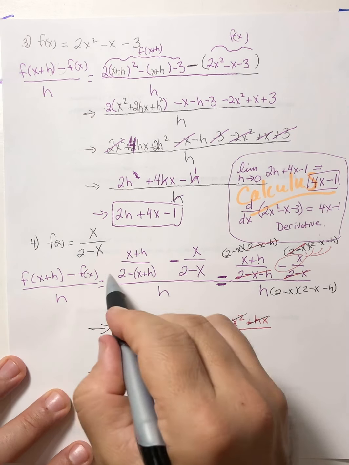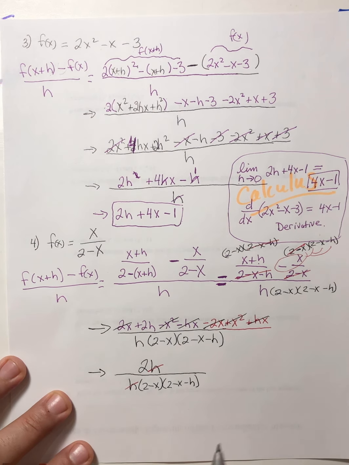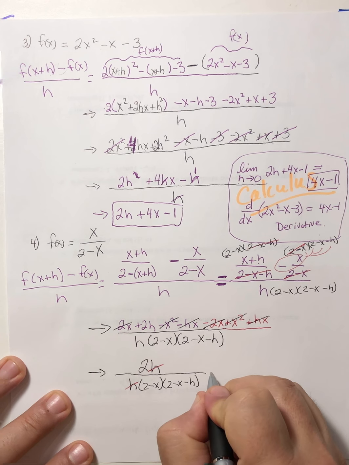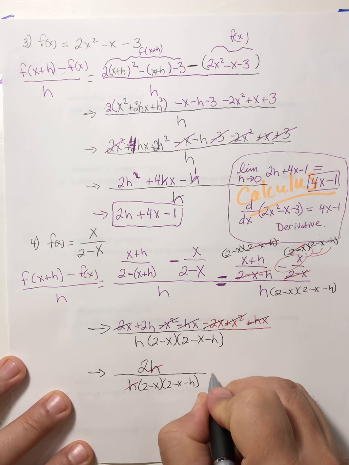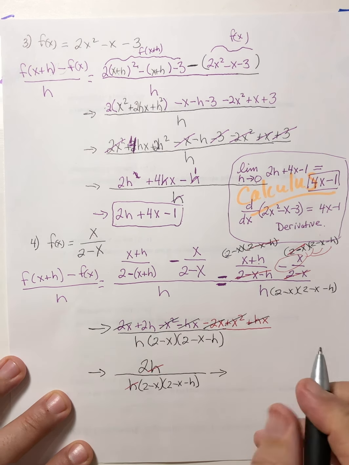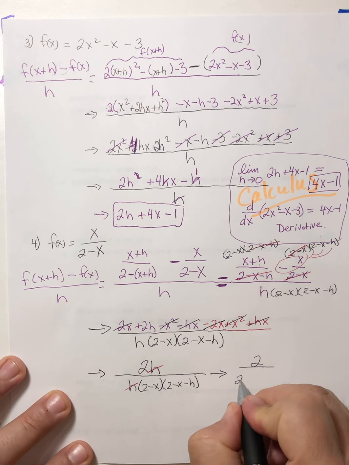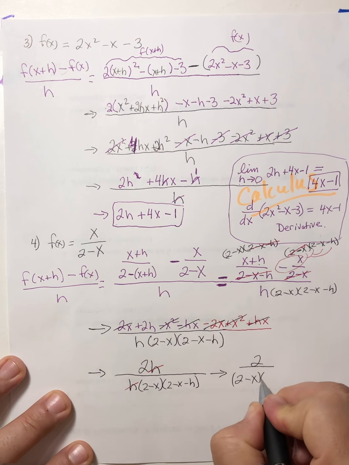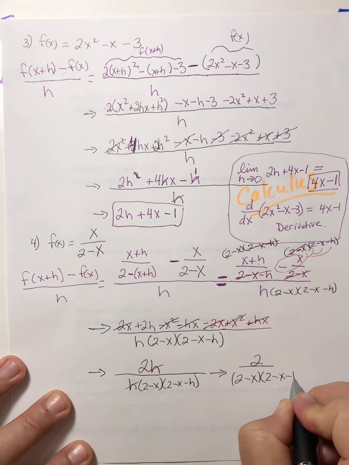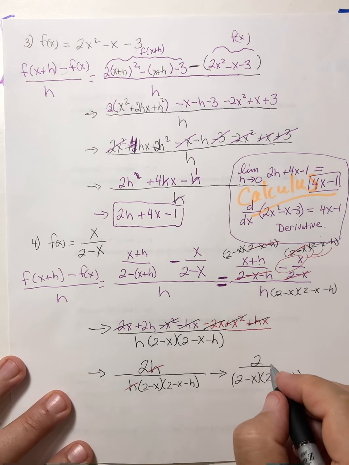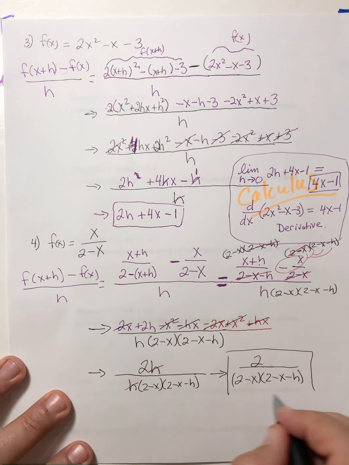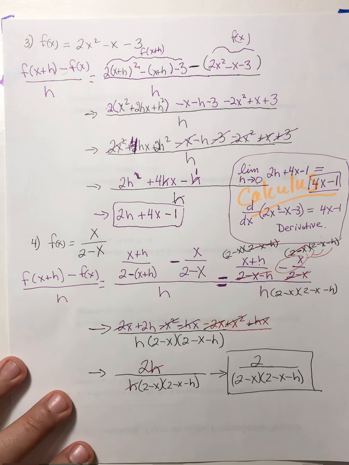So out of this whole mess, when we did this little fancy difference quotient, it all becomes 2 over 2 minus x times the quantity 2 minus x minus h. Really? That is pretty easy. Okay.